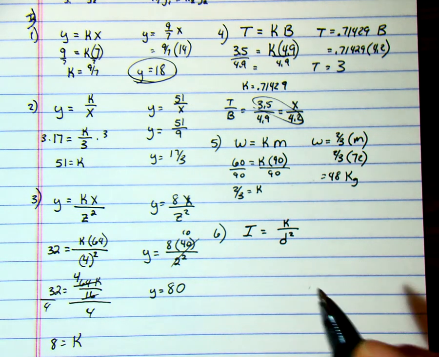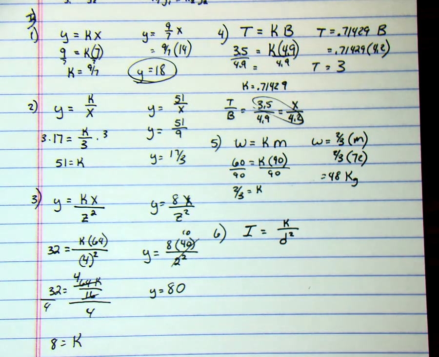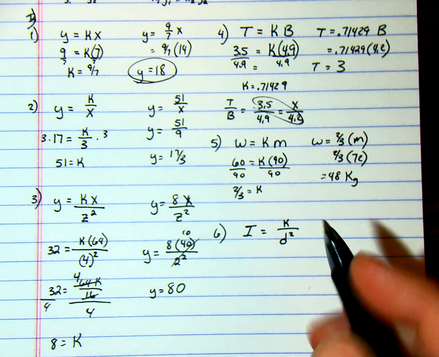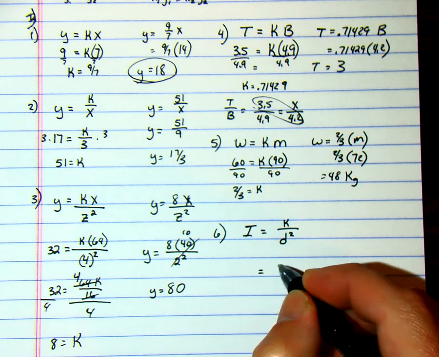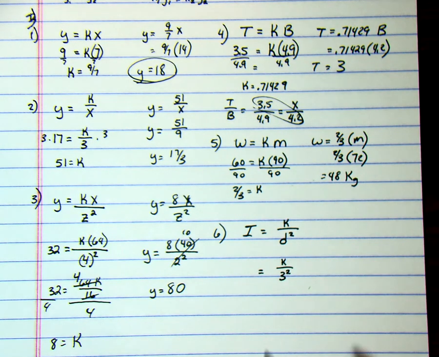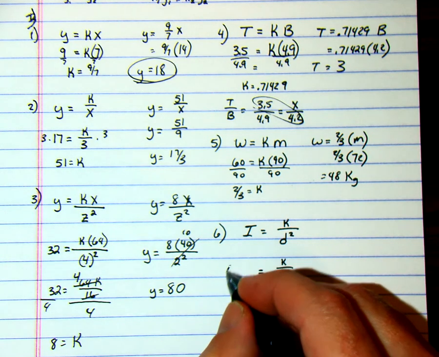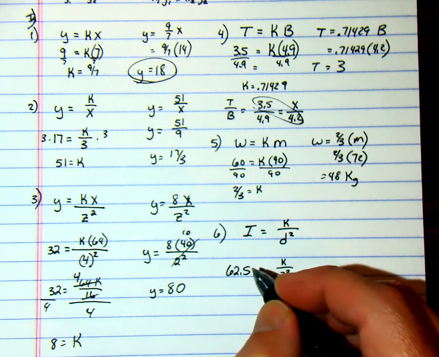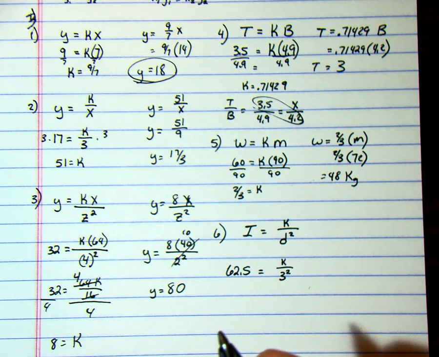Okay, so again, if we just talk it through and write it down as it reads, it's going to tell me what to do. So here we are. At 3 meters, the radiation intensity is 62.5 milliröntgens, whatever that is, per hour. What is the intensity at a distance of 1.8?